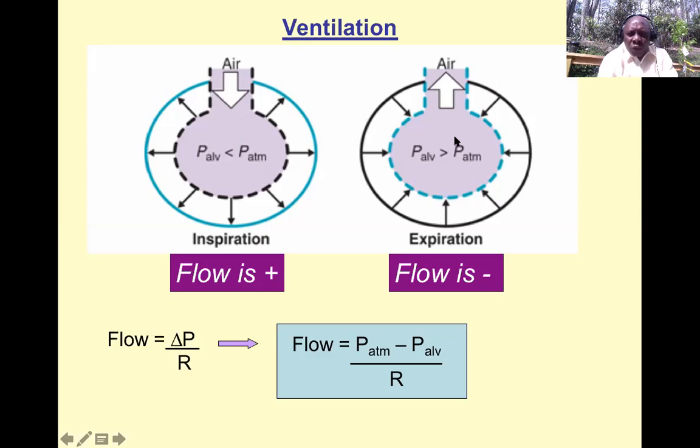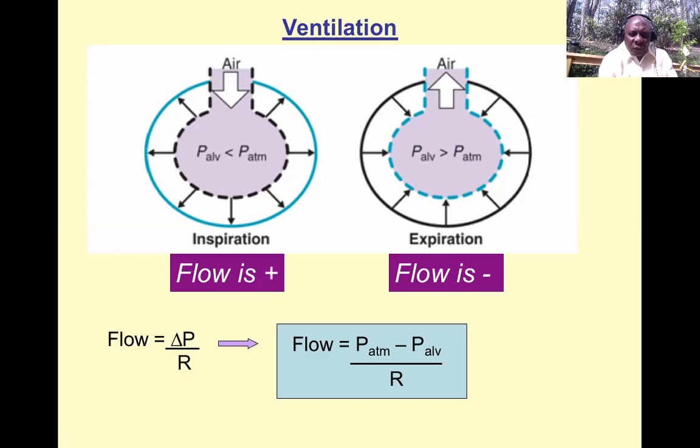And then during breathing out, expiration, the gradient is switched. It goes to the opposite side. And we'll see how that's happening. This is a special case where a gradient is flipping, is changing.